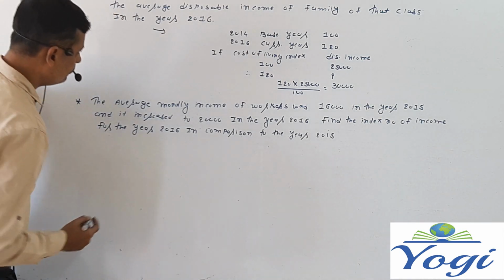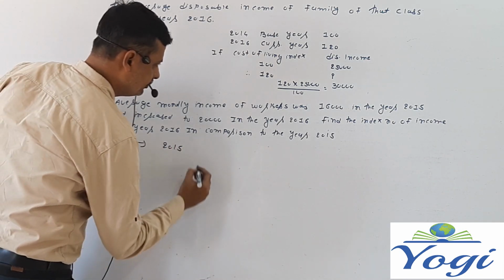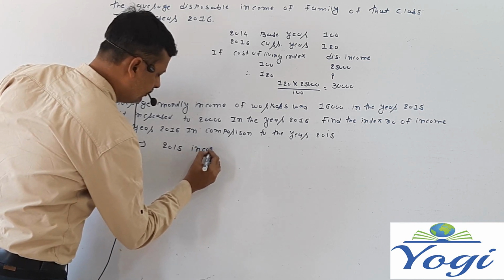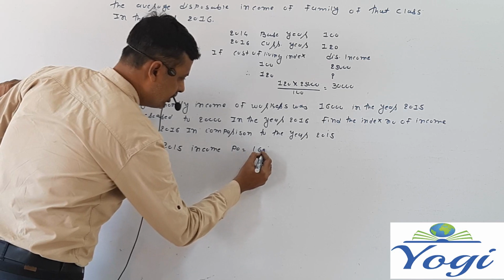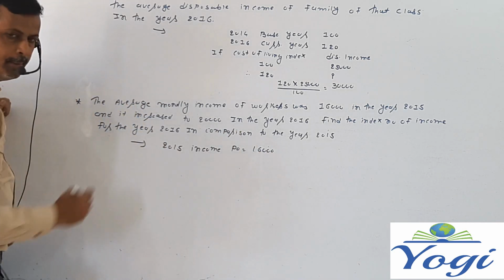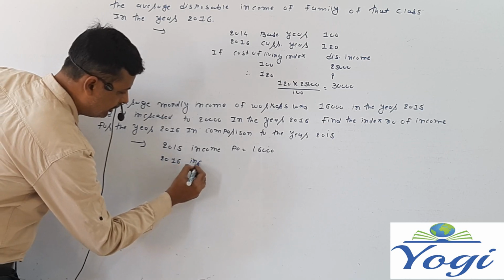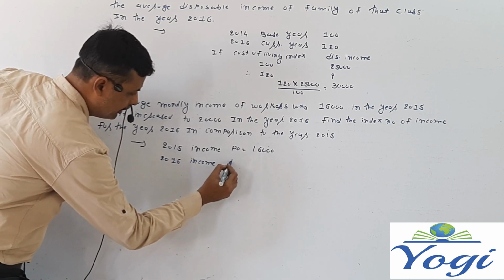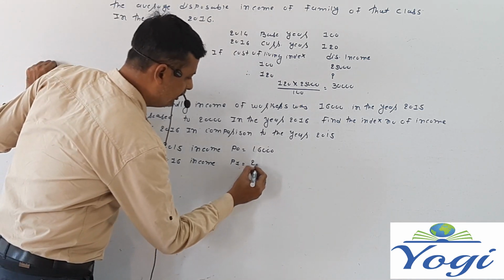So here 2015 income we take as P0, 16,000, that is our base year. 2016 is the current year, and current year income is denoted by P1, 20,000.